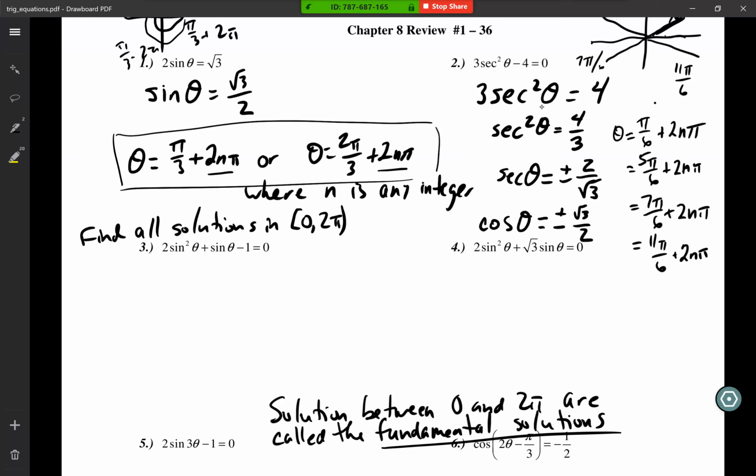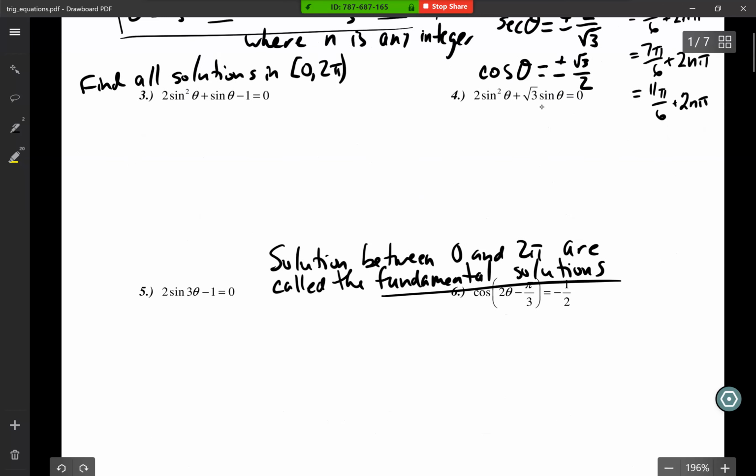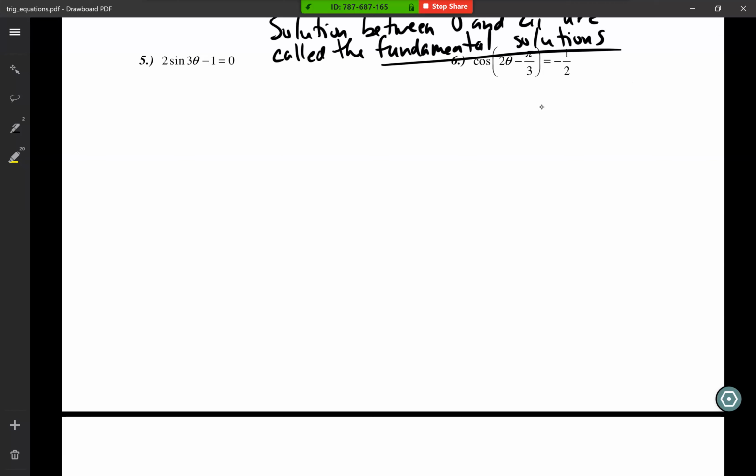Well, let's see if we can do one with tangent, because we haven't done one with tangent yet. So I'll just write it down here, just for a little bit extra room. Let's say tangent squared of x is equal to 1. Just a straightforward one to start with.